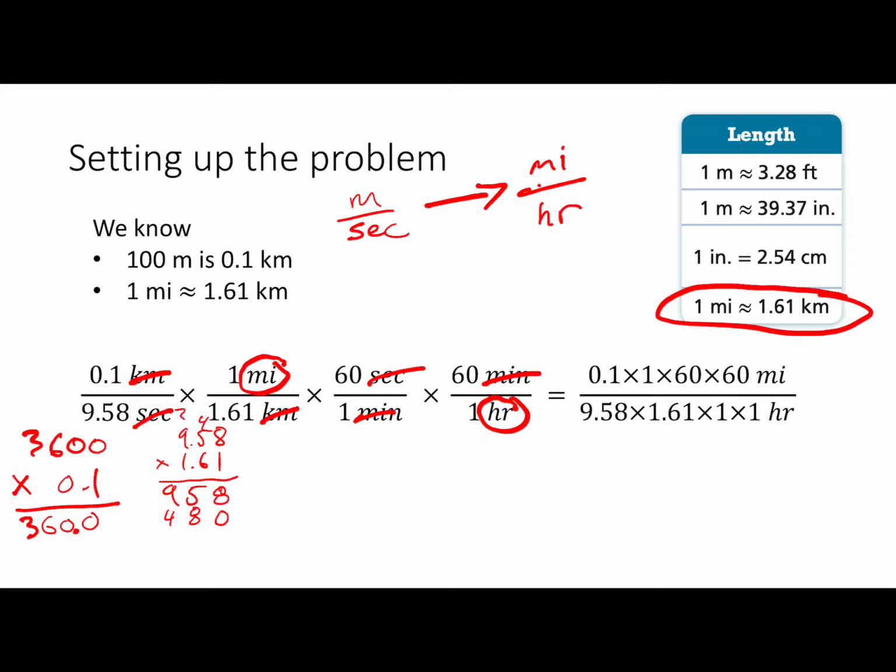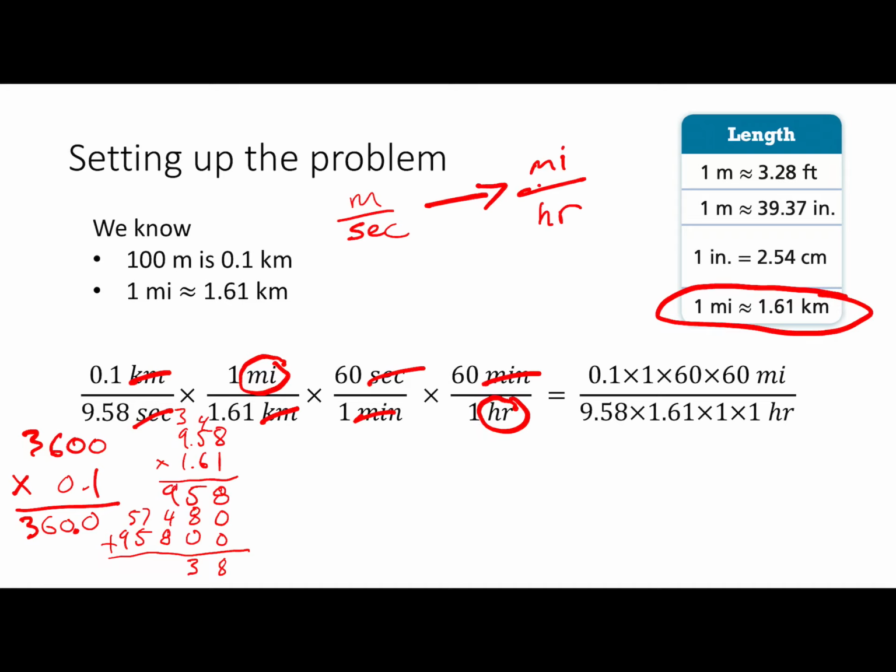We got 6 times 8, which is 48. Carry the 4 there. 6 times 5 plus 4 is 34. We got a 3. And then 6 times 9 plus 3 is 57. Now down to our bottom line, which again is an easy one because it's just 1. And so we have 8, 5, and 9.